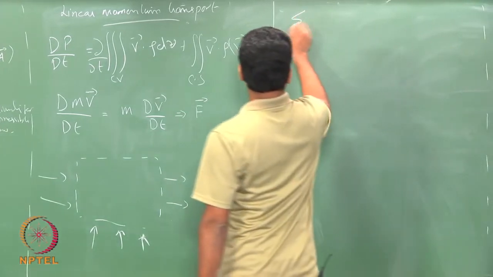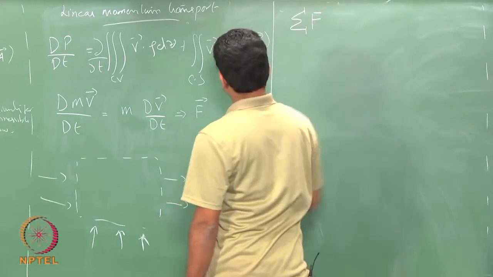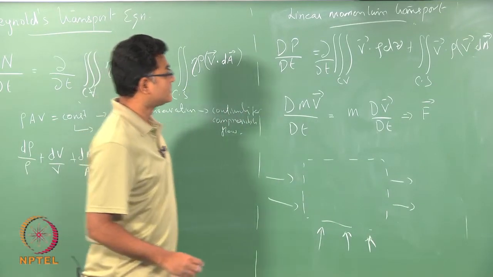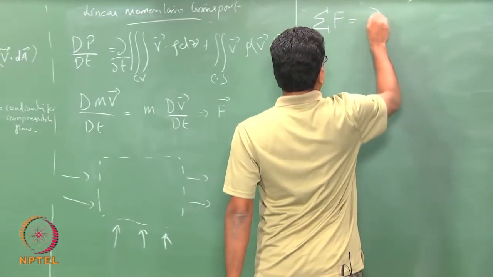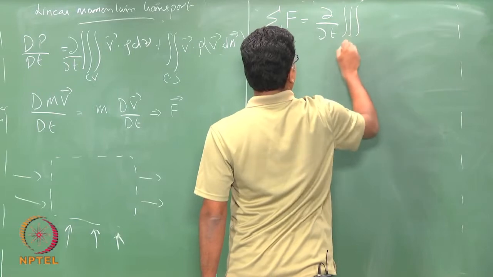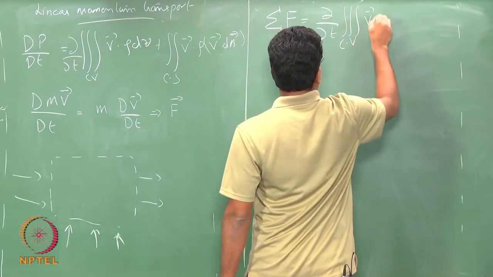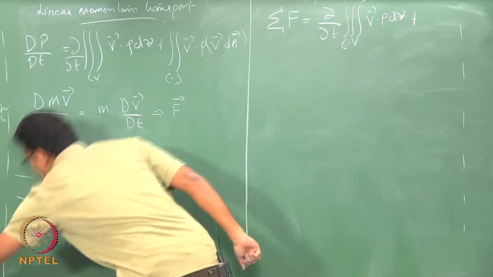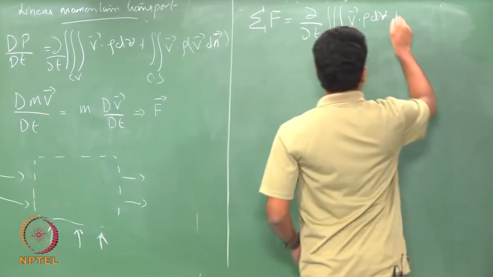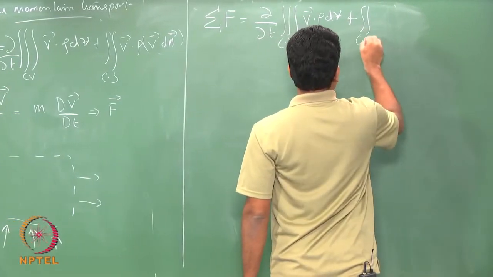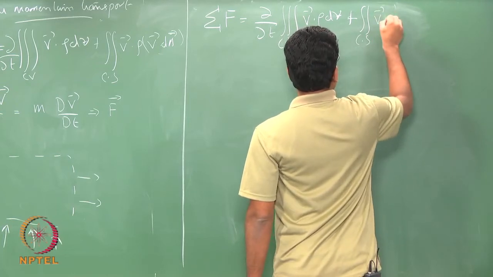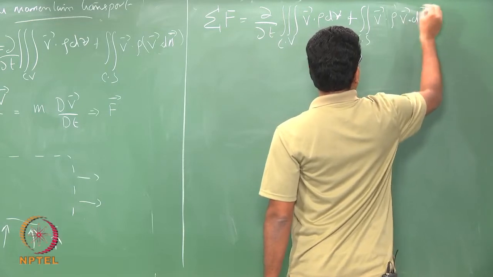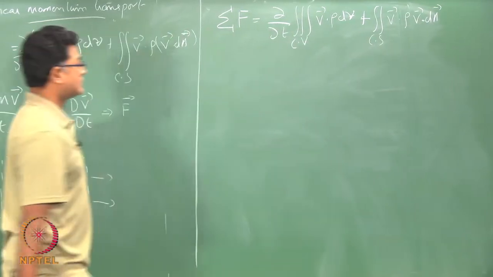So, the sum of all the forces is equal to the unsteady part from the Reynolds transport equation and the convective part, which is the integral over the area rho v dot dA. Okay.